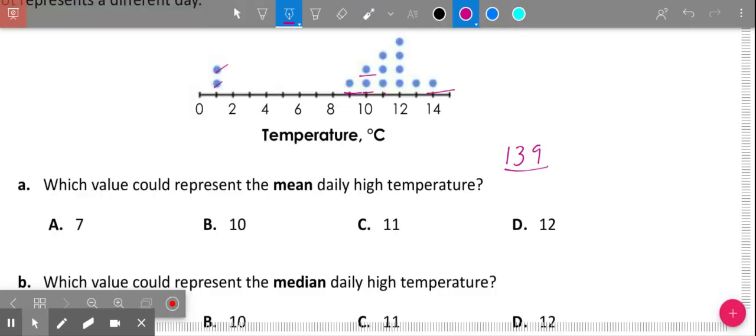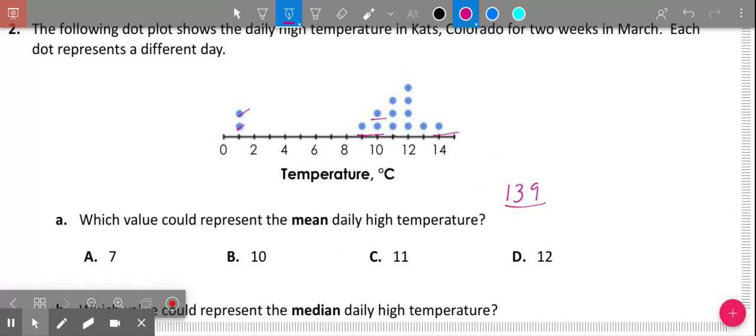So 139, and we're going to divide that by how many days we looked at. And we looked at 1, 2, 3, 4, 5, 6, 7, 8, 9, 10, 11, 12, 13, 14. So we're going to divide that by 14, which gives us 9.9. So for temperature, we look at whole degrees, so that means we're going to round up to 10.